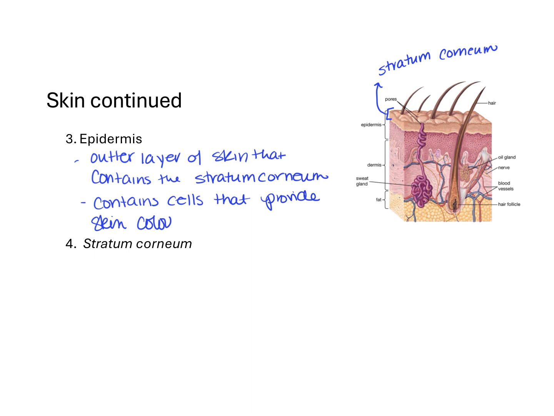Now, the stratum corneum is what's found on the very, very top. These are a layer of dead skin cells that are continuously shed.